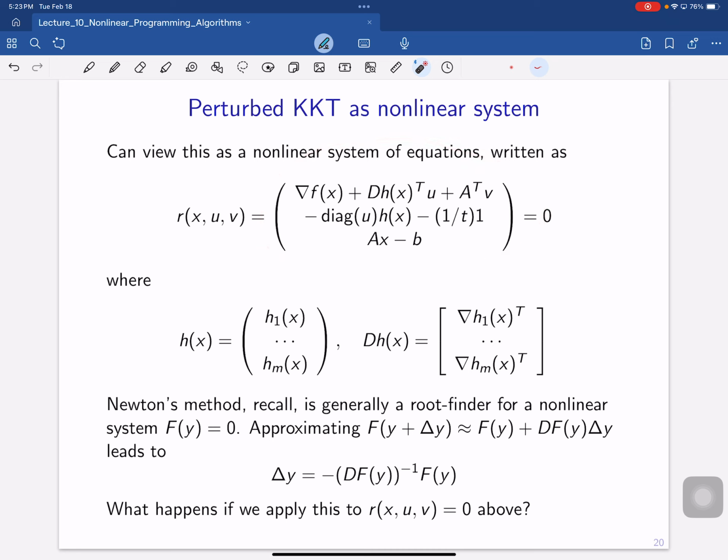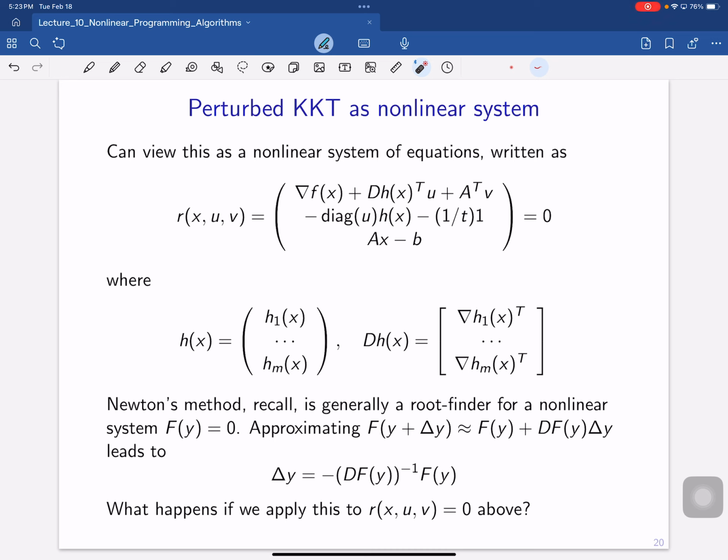This is nothing but the perturbed KKT condition in a vector form, right? So this is nothing but the equations in the KKT system, right? We are just removing the index and representing all the inequalities using h of x, and then let's say D h of x is nothing but the Jacobian of h of x. Okay.